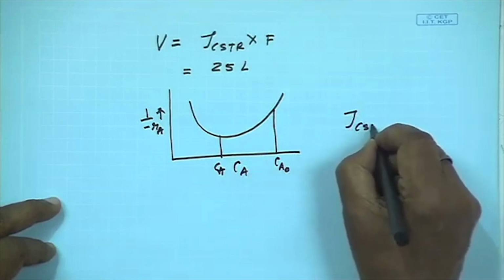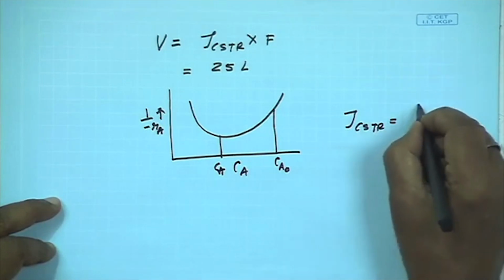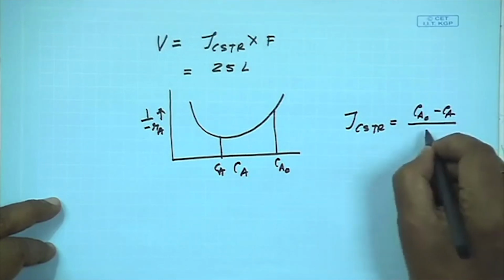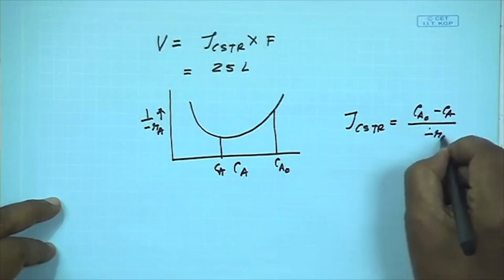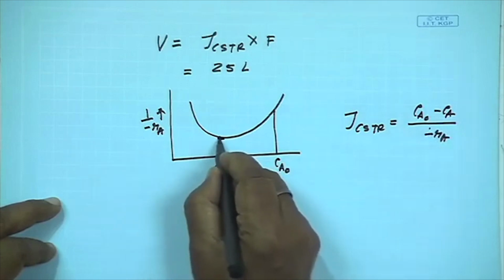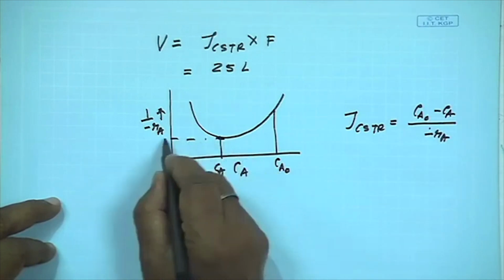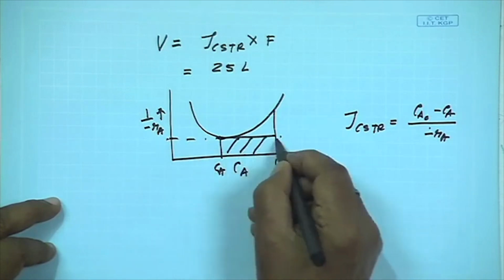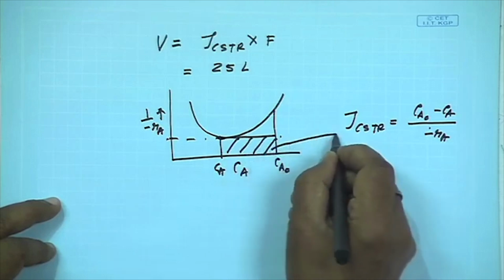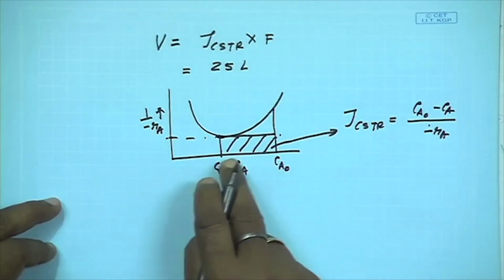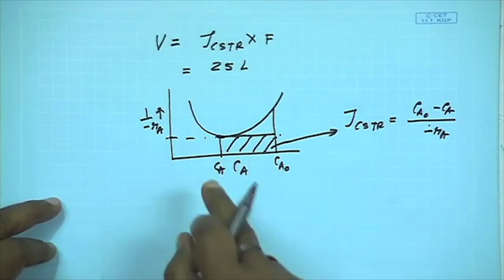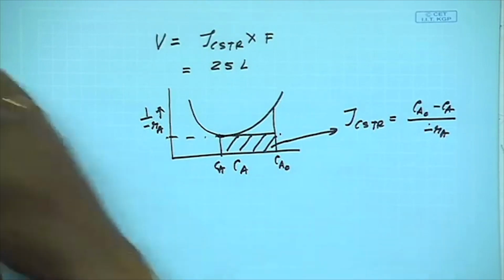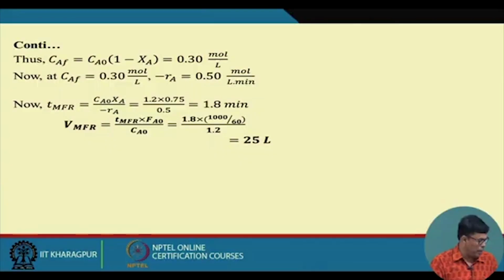Tau CSTR is equal to (Ca0 minus Ca) by minus Ra. So, you can easily get the minus Ra value, and this area is nothing but equal to tau CSTR. So, graphically also you can find it out, and if you want, you can multiply to determine the volume.